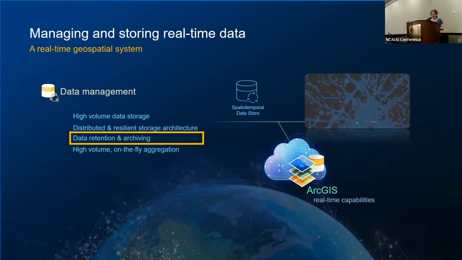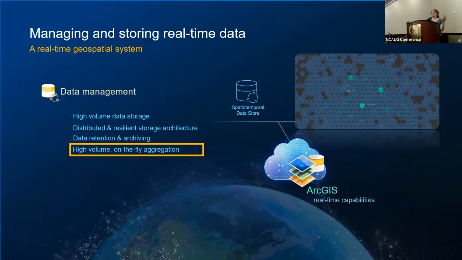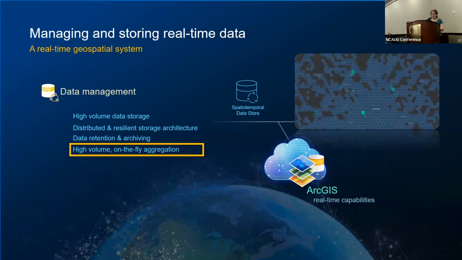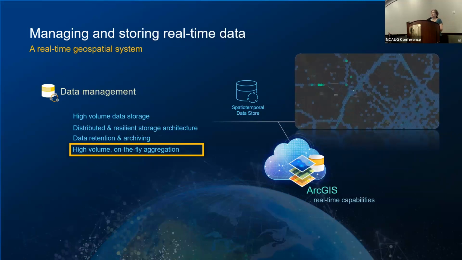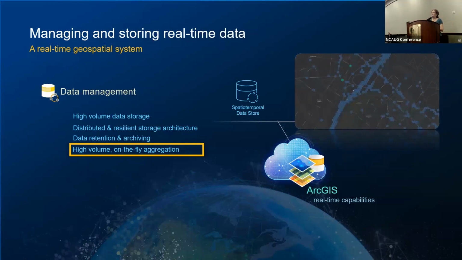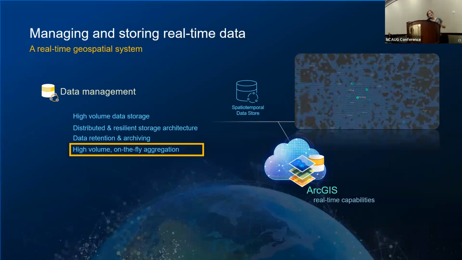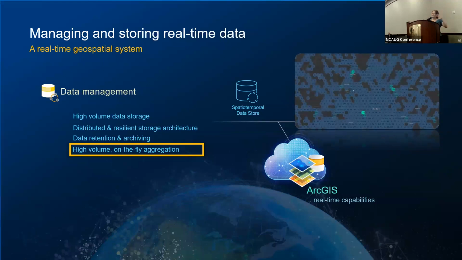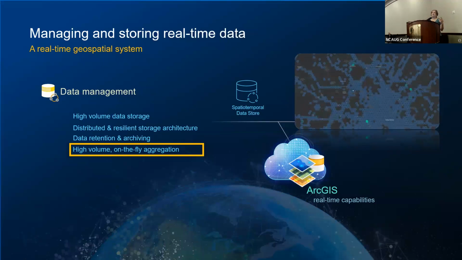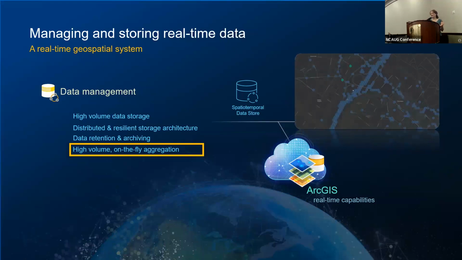And then the other key aspect of the spatiotemporal big data store, as you bring in this data and it accumulates to high volumes, is that it indexes data as it's stored, both spatially and temporally. And that is what is enabling these on-the-fly aggregation visualizations that I was talking about. So it's the same animation here that we were showing before. But the reason that this happens and the reason that it can be useful to deal with high volume data is because the data is being indexed as it's written to this big data store.